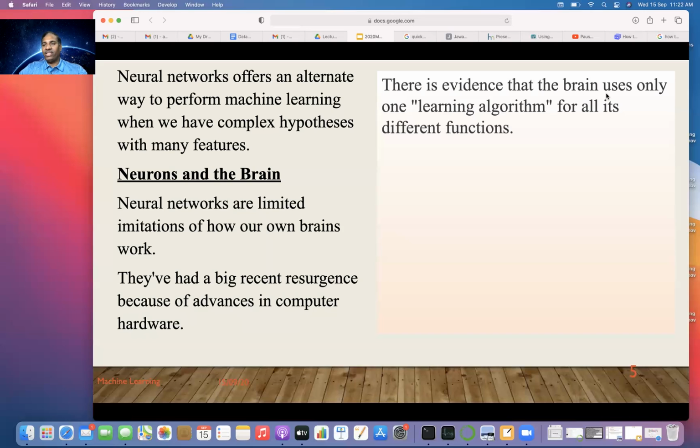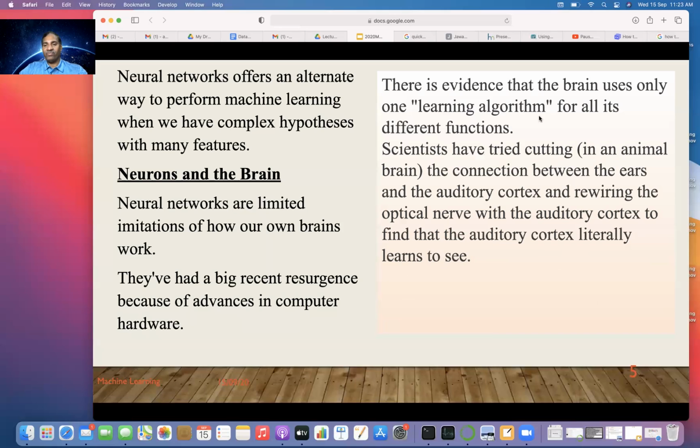There is evidence that the brain uses only one learning algorithm for all its different functions. This is from biologists. They gave this hypothesis, and they're almost there to prove it. Scientists have tried cutting the connection between the ears and the auditory cortex in an animal brain and rewiring the optical nerve to the auditory cortex, and found the auditory cortex literally learns to see. Is there a different learning function for different things, ears, nose, eyes?